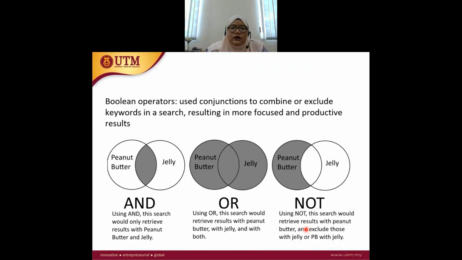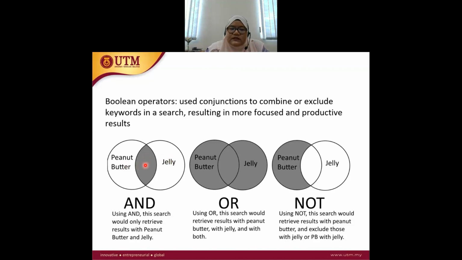There are also Boolean operators. A Boolean operator is a method that uses conjunctions to combine or exclude keywords in the search, resulting in more focused and productive results. As an example, if you use AND, peanut butter AND jelly, this search would only retrieve results with both peanut butter and jelly. So the result is more focused.